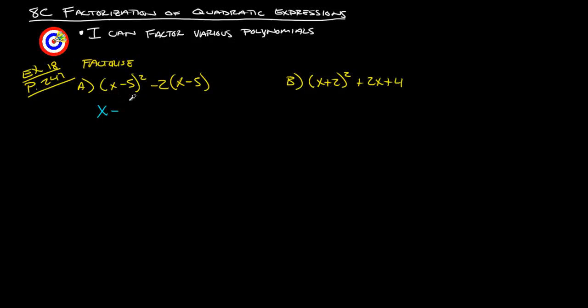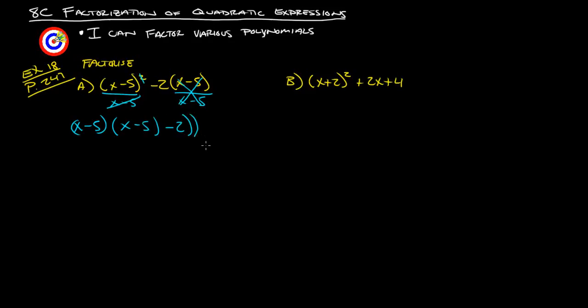Both can be divided by x minus 5, so I pull the x minus 5 out front. Then x minus 5 squared over x minus 5 reduces one of these out, so I'm just left with x minus 5. And this x minus 5 reduces with this x minus 5, so we just have a minus 2.